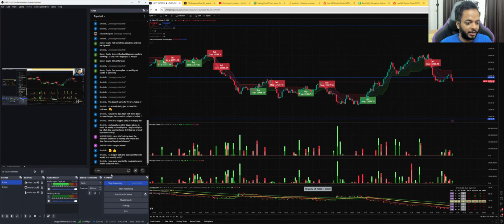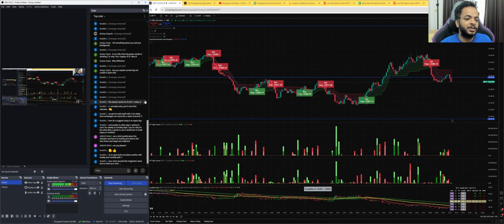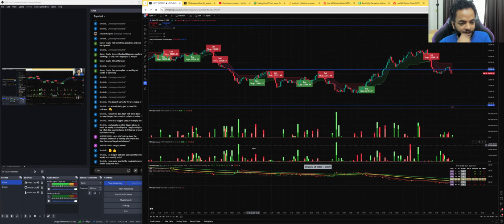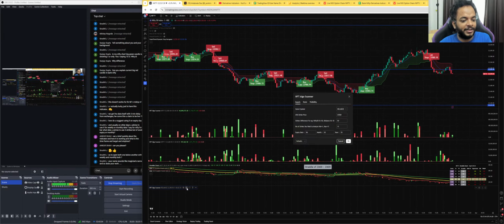Shuriji asks about opening both one below another, weekly and monthly. Yes, you can do that. You can open the HFT scanner several times. Suppose you have opened the Nifty chart, but you also want to see what is happening in Reliance. You can open the HFT Algo scanner again and set it for Reliance.